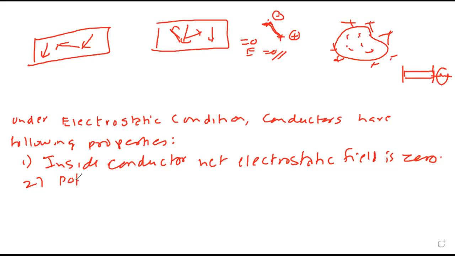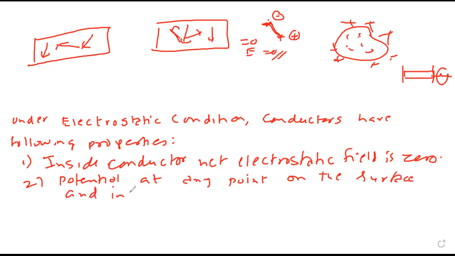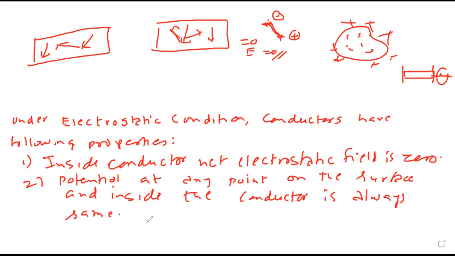So the potential at any point on the surface and inside the conductor is always the same. Copy the second point.